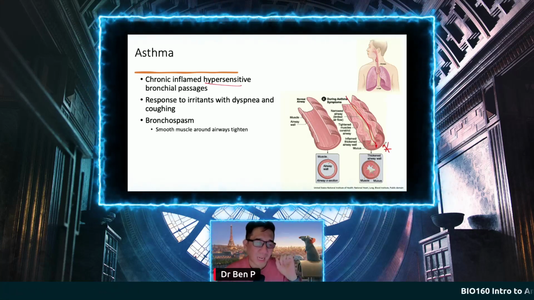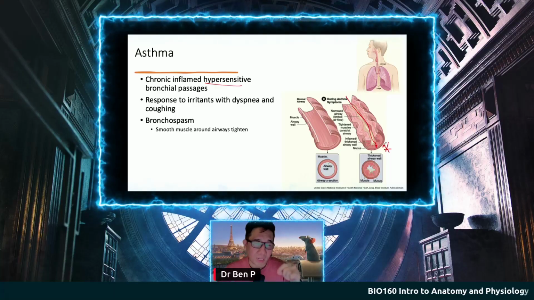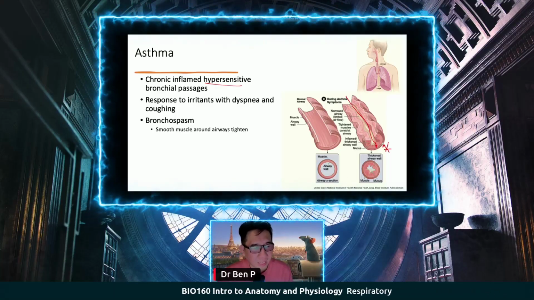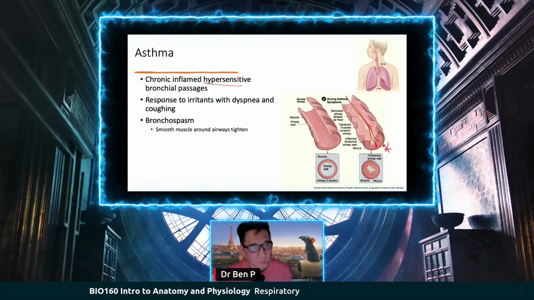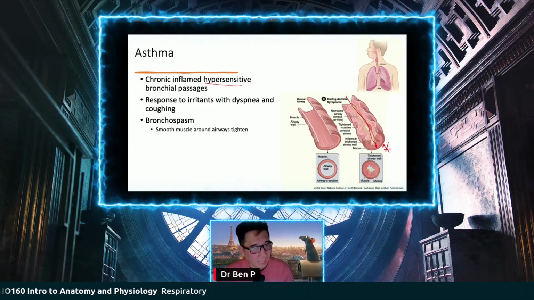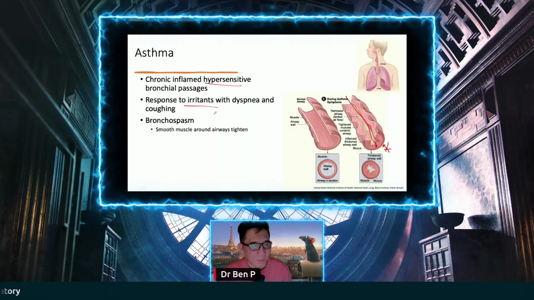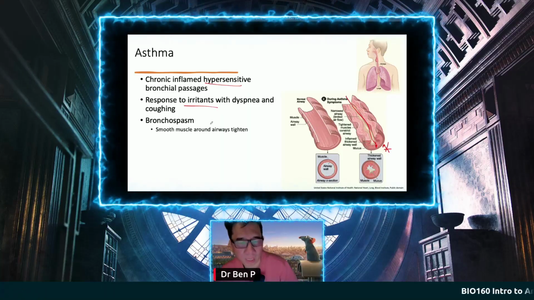So they can breathe in, but they cannot breathe out. That's the key thing for asthma. Again, it's a response to an irritant, meaning that they're allergic to something, causing them to have this.